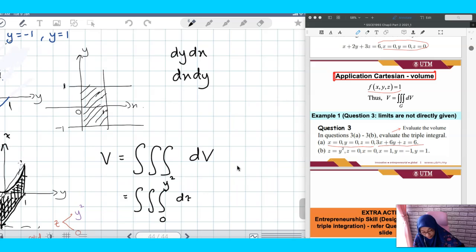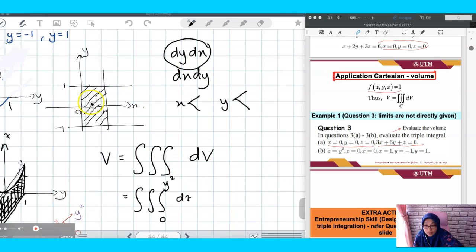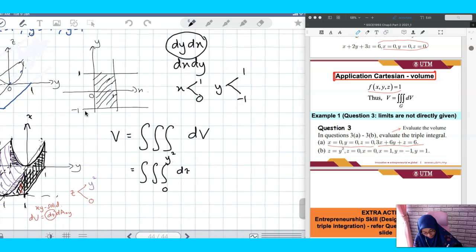Say you want dy dx: looking at the rectangular region, x is 0 to 1 and y is negative 1 to 1. With dy dx as the inner integral, x is the outer integral from 0 to 1, and y is from negative 1 to 1.